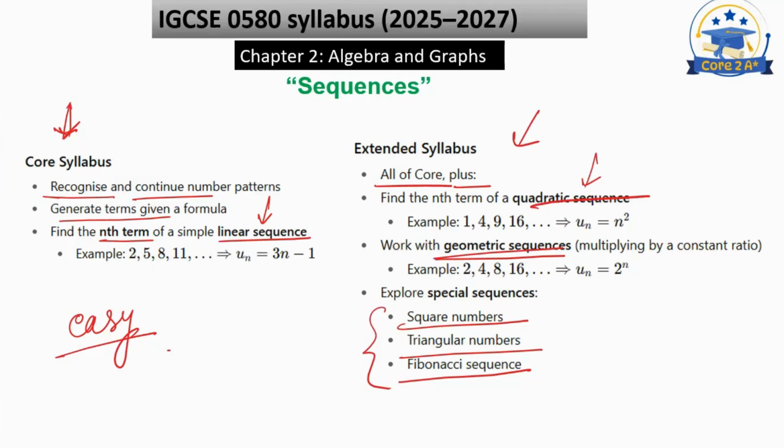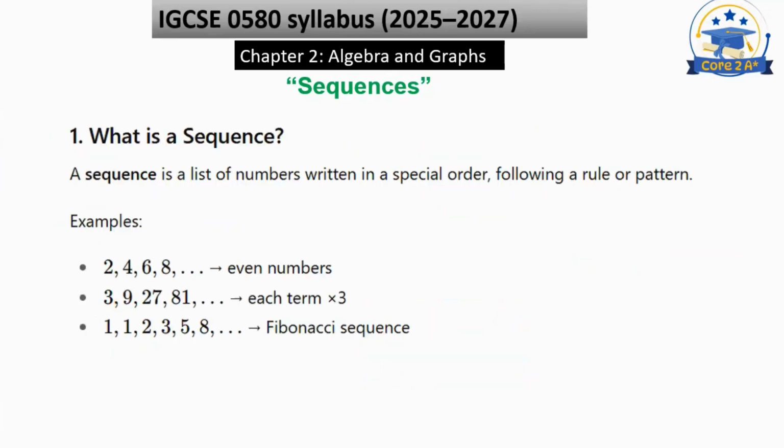Okay. So first, you should know what is a sequence, right? What do you mean by sequence? A sequence is a list of numbers written in a special order, following a rule or pattern. So what does it mean? What type of special order? Suppose, for example, here we can see 2, 4, 6, 8. If we add 2 to 2, we get 4.